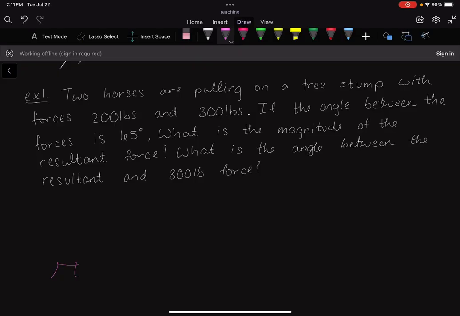Then it's saying that these horses are pulling on the tree stump, and the angle between their pulling, the two horses basically, is 65 degrees. So I'm going to say that maybe one horse is pulling this way and one horse is pulling this way. And this inside angle here is 65 degrees.